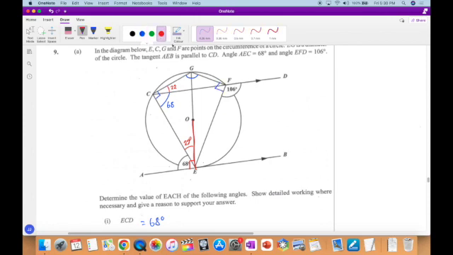We could find this angle here, but this is where the problem comes in. Is this angle 74 or is this angle 68? I am going to call this an error, and I am going to trust circle theory.